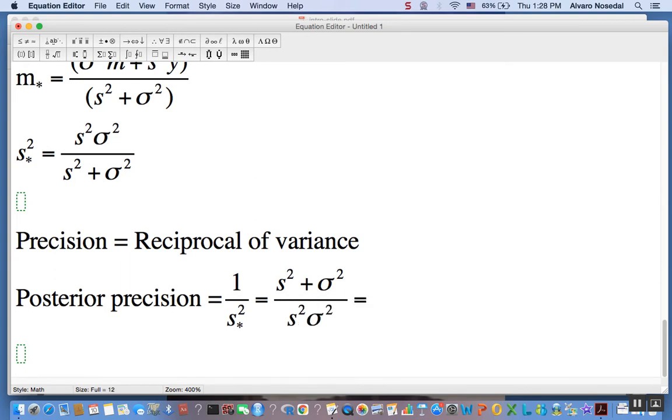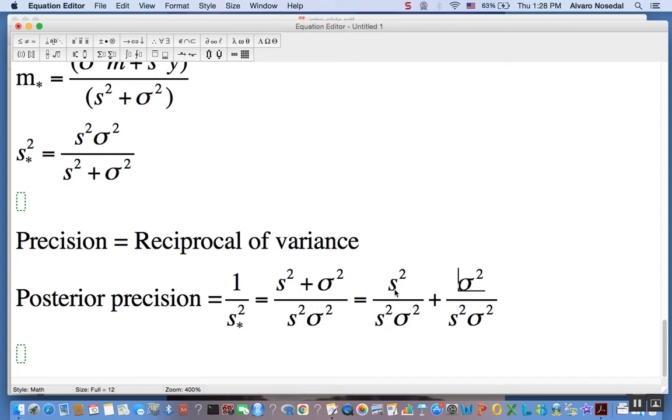But note that that would be the same as just this, because we have a common denominator there. So s squared plus sigma squared divided by s squared times sigma squared is the same as this.